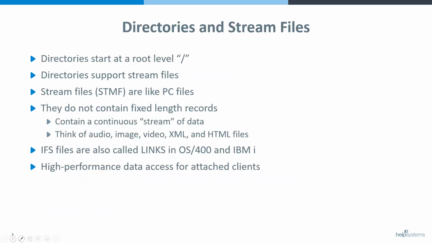Next one, directory and stream files. Something very important to note is that files contained in the IFS are a string of bytes in the same style that we can find in Unix or Windows files. There is no concept of database fields and records. All files within the IFS are a stream of bytes that can contain PDF files, Word documents, or Windows executable programs, for instance.